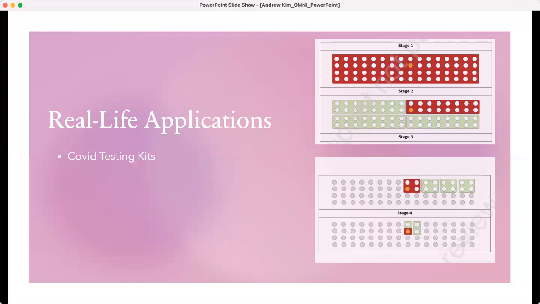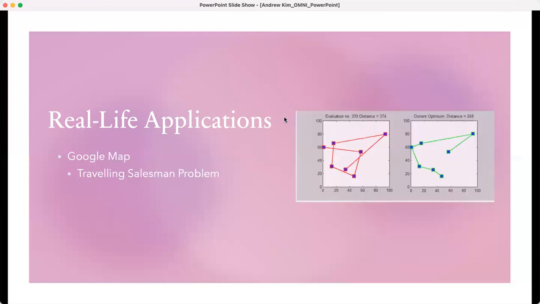In addition to that, dynamic programming is also used in a variety of ways. Let's take Google Maps as an example, as it seems really relevant to our lives. Google Maps was built upon the basis of the algorithms for the traveling salesman problem, that is to find the shortest possible route that visits every city exactly once and returns to the starting point.